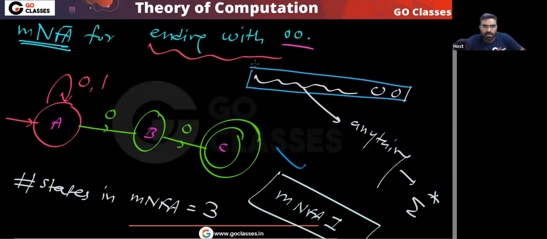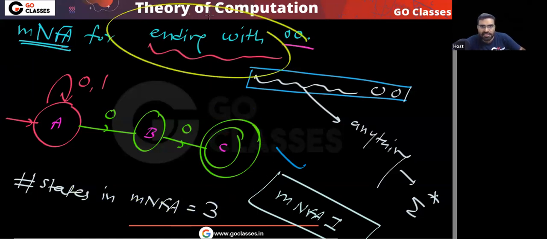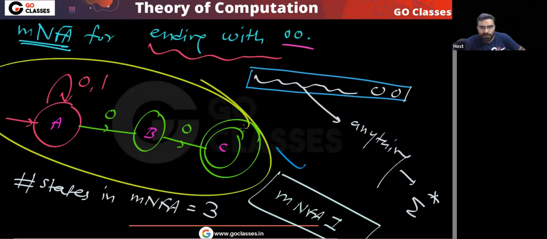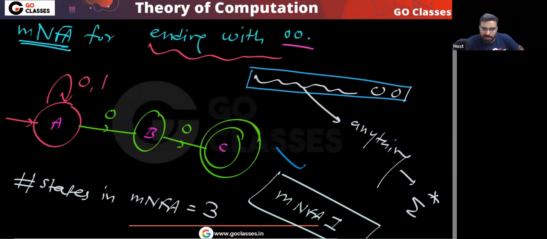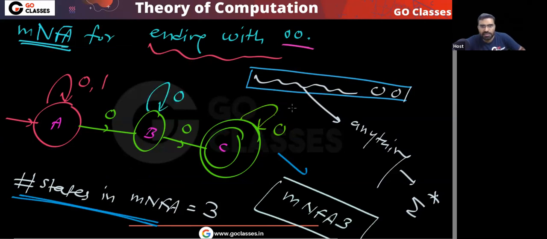Yes or no? Someone is asking about this. Minimal NFA simply means, see, this NFA is also accepting the same language. This NFA, look at this NFA, is also accepting the same language. These NFAs are accepting the same language, and they have 3 states.